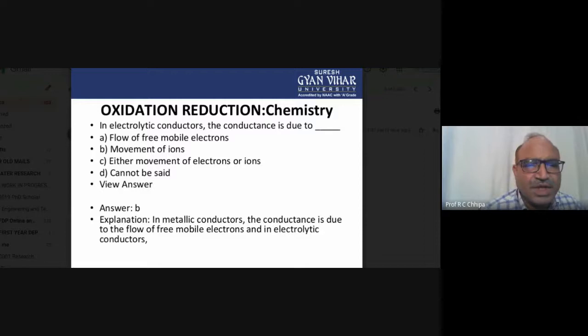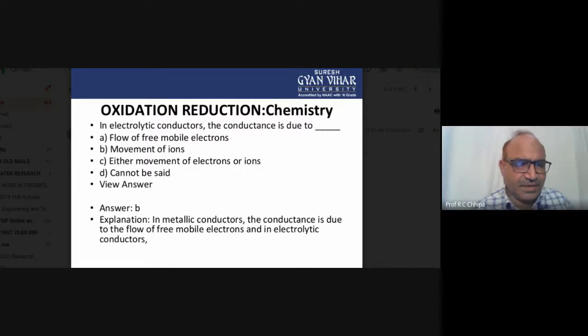So in an electrolytic conductor, the conductance is due to what? We can see the answers: flow of electrons, mobile free electrons, or the movement of ions. Either movement of electrons or ions cannot be said. So that is the D answer.